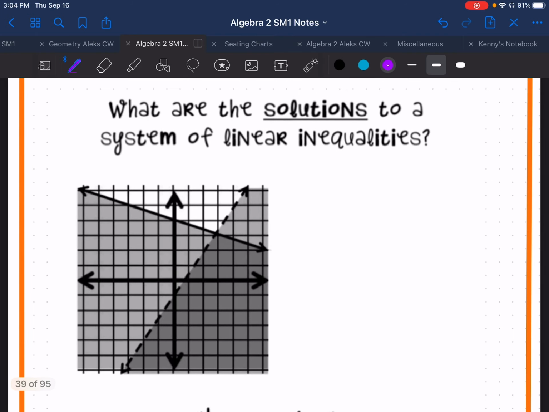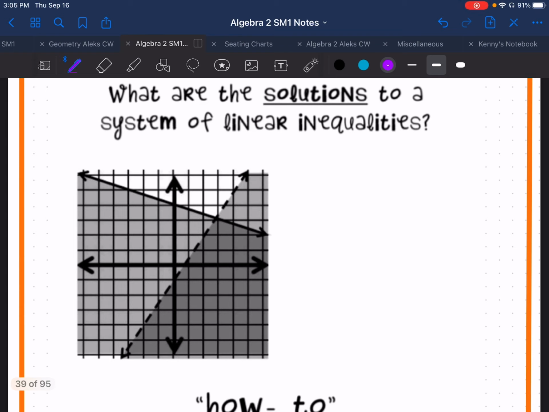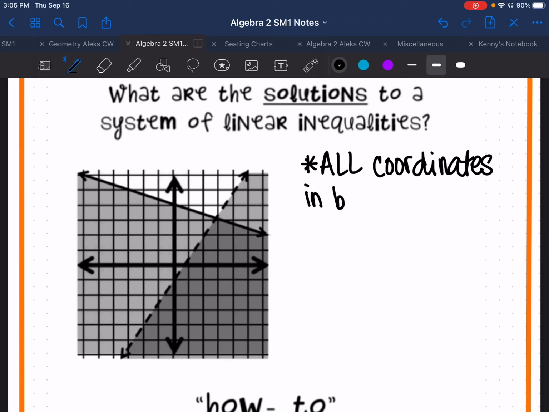So what are solutions to my systems of linear equations? What are my solutions? Well, they're going to be all the coordinates in the shaded region by both inequalities. Sorry about that.